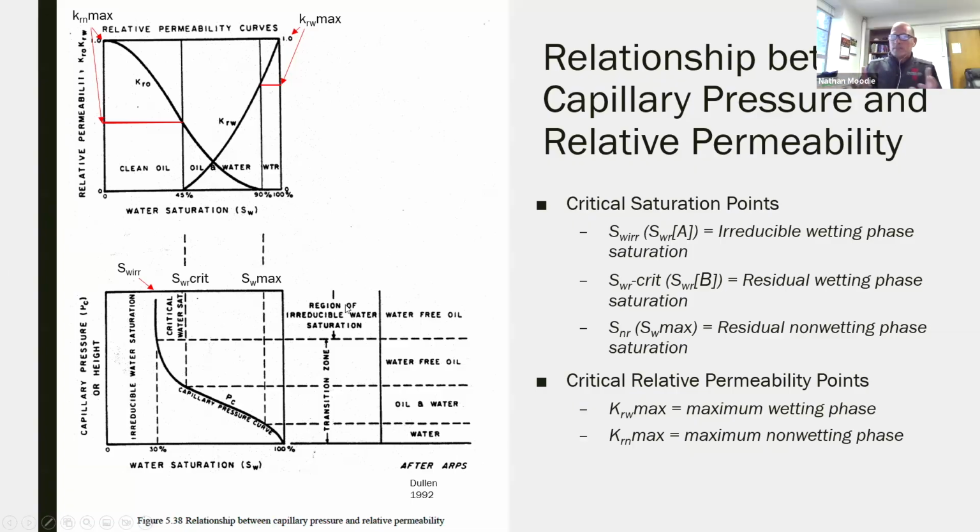And again, if you have more laboratory data than just capillary pressure curves, you use that data to help refine where these points are.